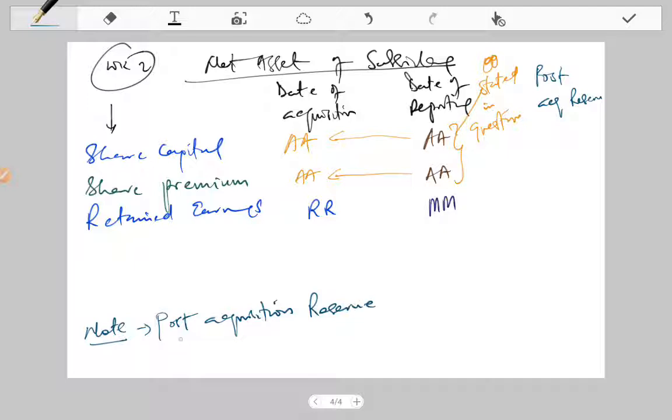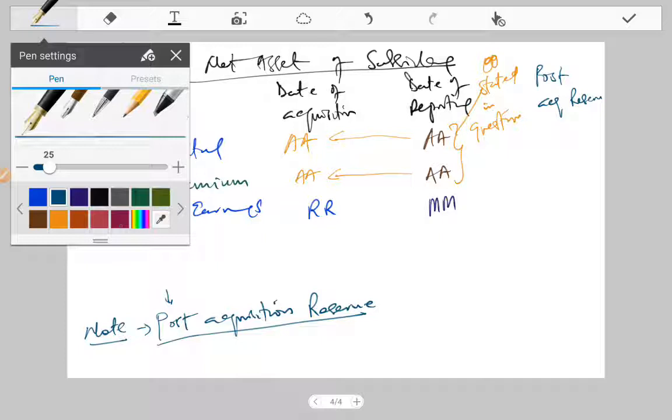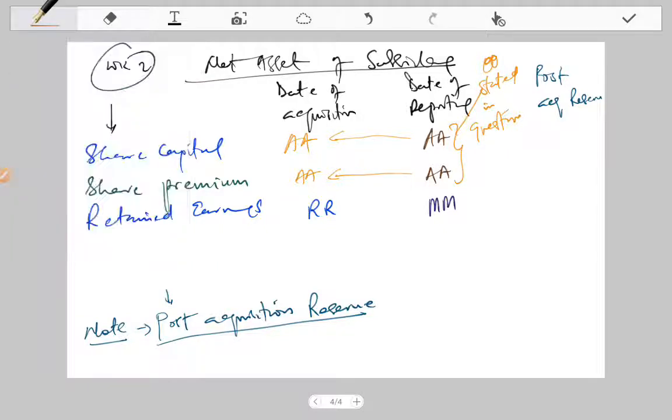From the word post, when you talk about post-acquisition reserve, it means something after. So in this case, it means what is the reserve after the date of acquisition. Basically, it means you are comparing all your information on the date of reporting with all your information on the date of acquisition.